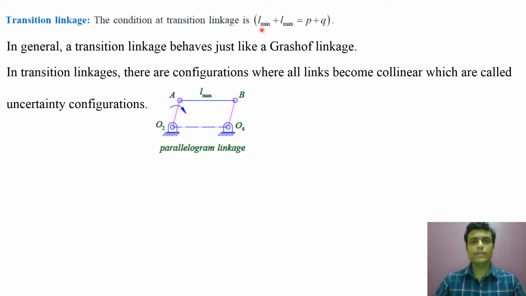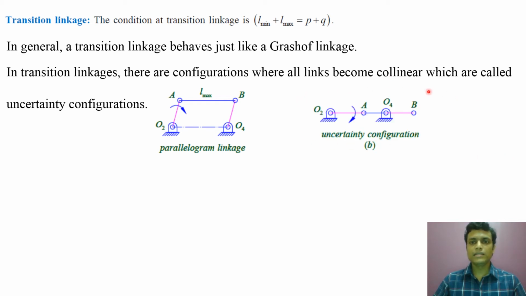So Lmin plus Lmax will be P plus Q here, and this linkage is known as a parallelogram linkage, where two links are of equal length and the other two links are also of equal length. So there will be a configuration when all links become collinear. How will they become collinear? Look at here.